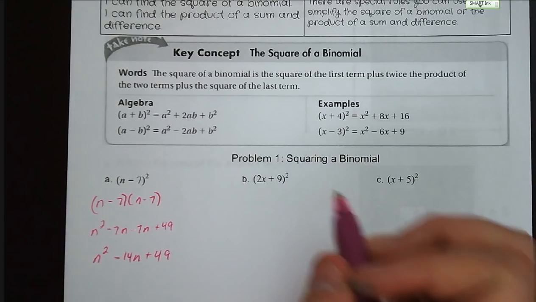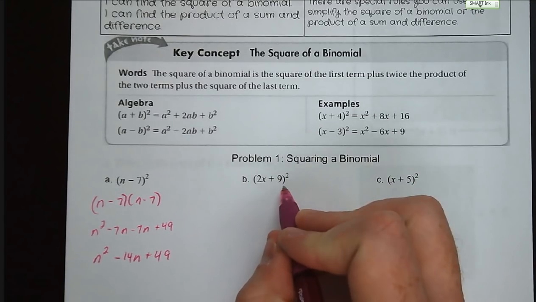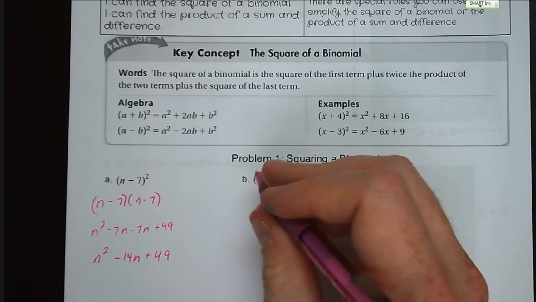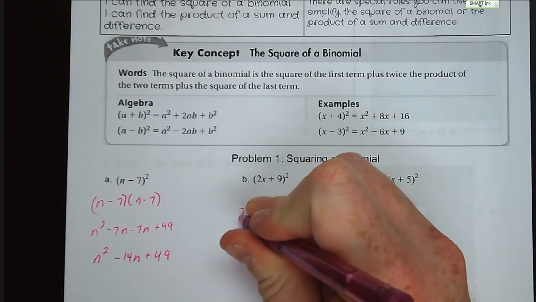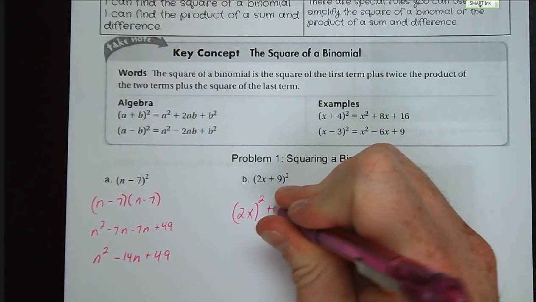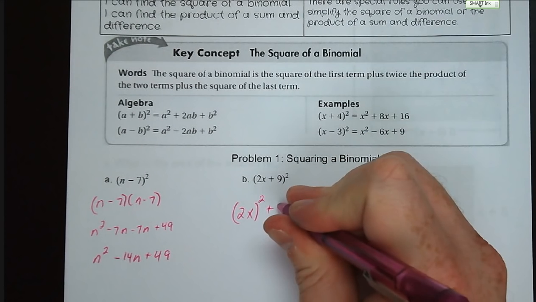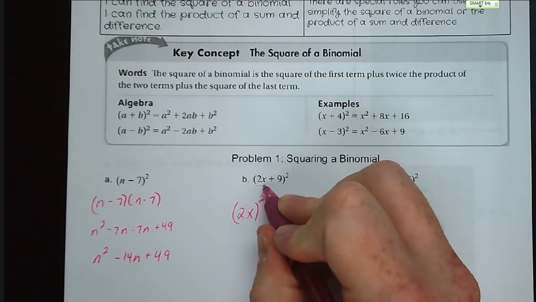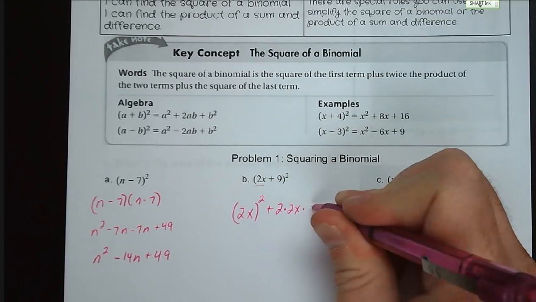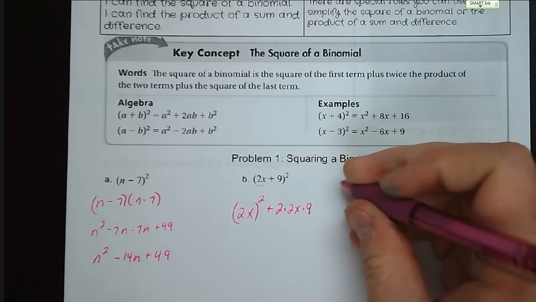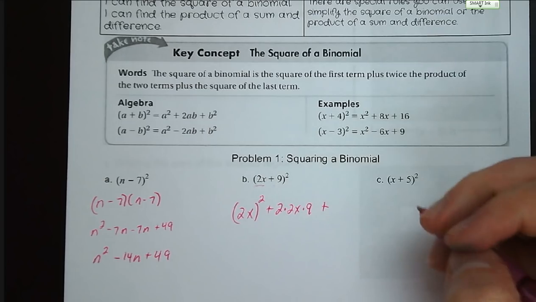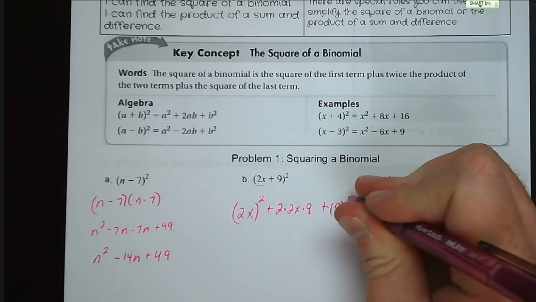So our next one, 2x plus 9, the quantity squared. Our rule is that we square our first term, so 2x squared, and then we add 2 times our first term, 2x, times our second term, 9, plus our second term squared, 9 squared.